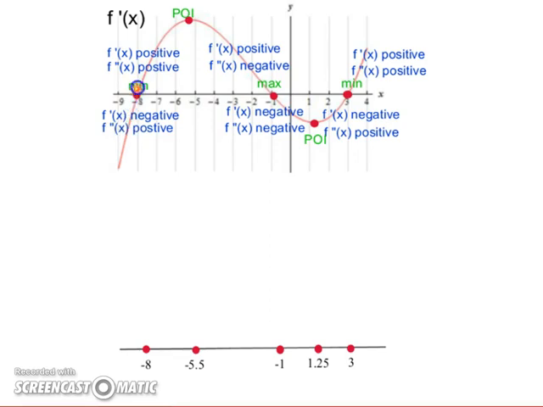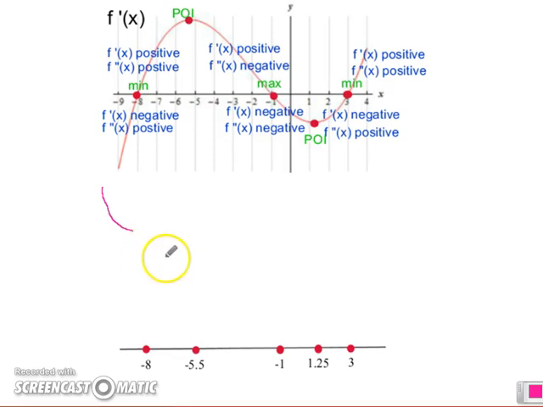So it stays concave up all the way to negative 5.5, but there's a minimum here and it changes from decreasing to increasing. So if we draw a sketch of what that might look like, from negative infinity to negative 8, it's concave up and it's decreasing. Looks something like that.